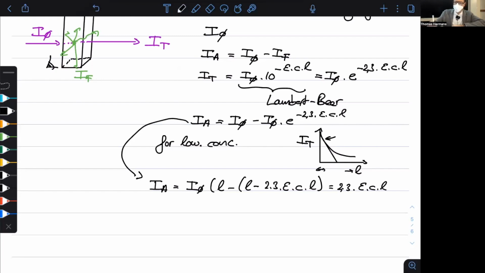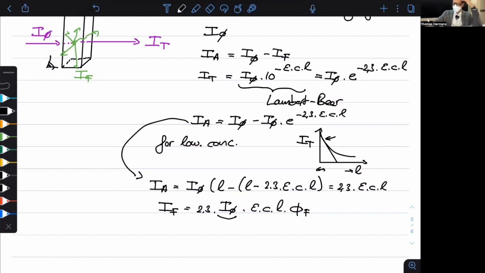C times L. Okay. So then we can just combine stuff. 2.3 times I0 times E times C times L times quantum yield. Okay, so the intensity of fluorescent light depends on incident light, of course.